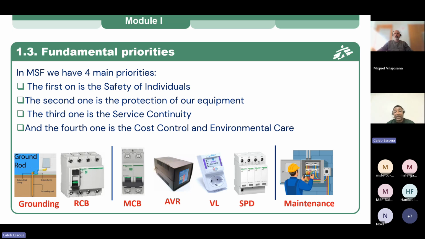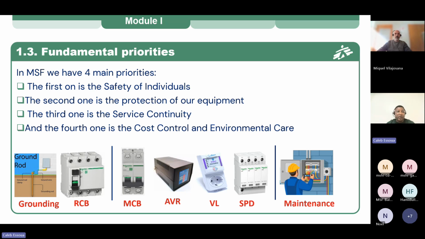It's not like you buy a car and it's finished. You have to take it to the mechanic for servicing and everything, to check, like periodic service. So it's the same thing with our electrical installations. That's why we have mission electricians, project electricians, and energy specialists that coordinate together to make the system work for the hospital to continue helping people.